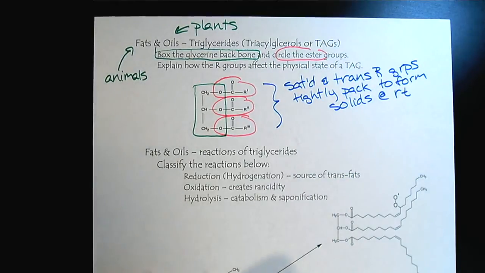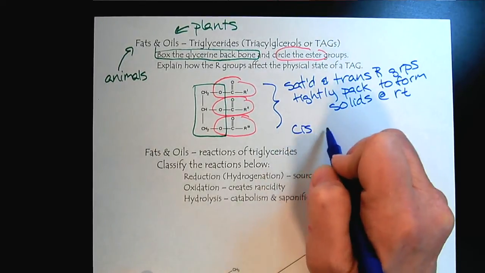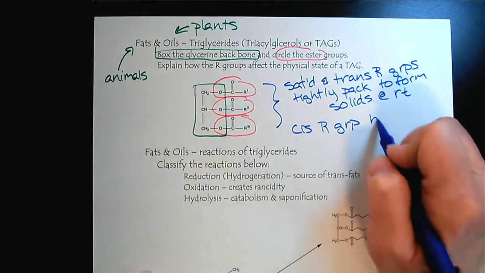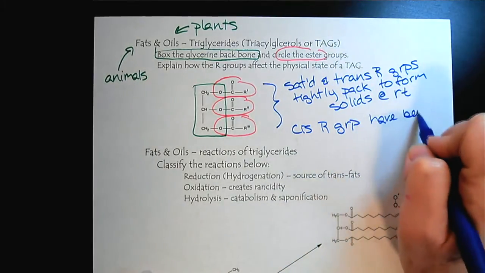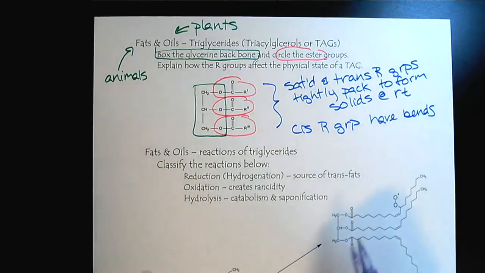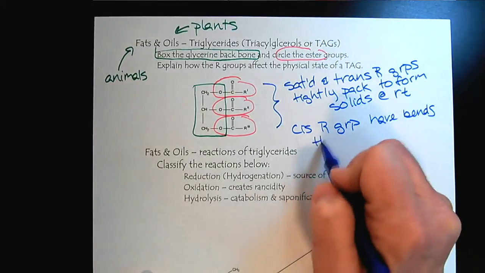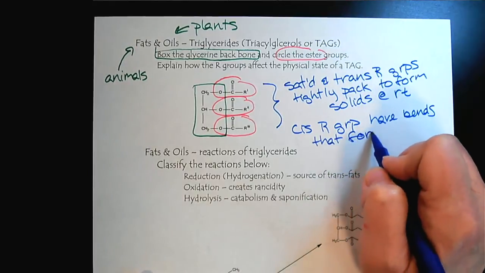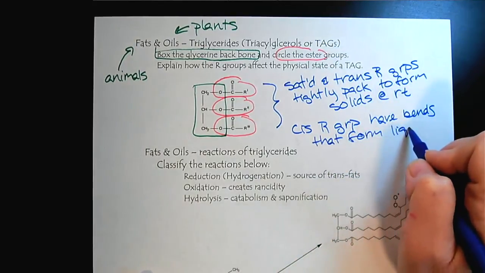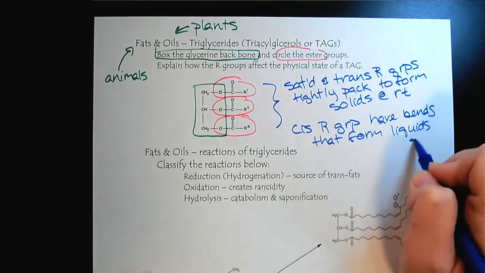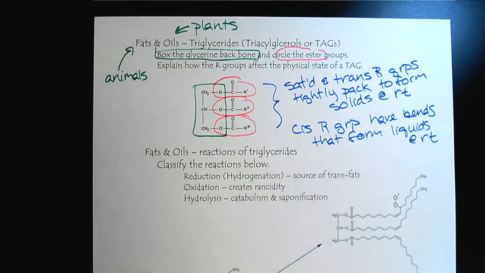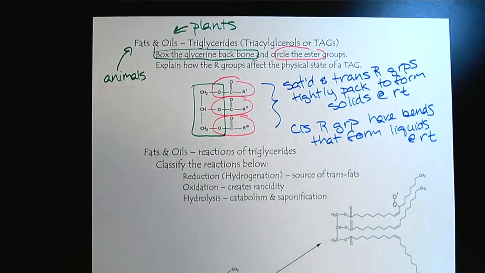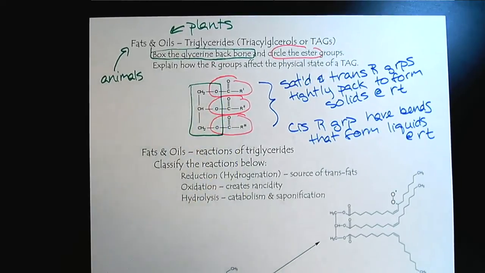And when we have the cis double bonds, cis R groups have bends that weaken the interactions, and so those tend to form liquids at room temperature. Okay, so there's the overall structure. So basically, it's just 3 esters, right?